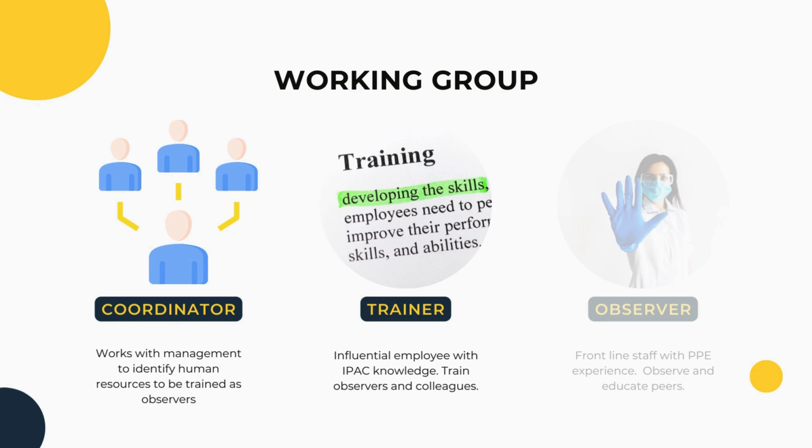It could also consist of a trainer, someone who should be influential within your organization and who would have basic knowledge of infection prevention and control, as well as patient and resident safety. This person could also be an observer. The observer should be a healthcare worker with experience donning, doffing, using, and working with PPE. Both observers and trainers should attend practical training sessions to learn when and how to audit PPE.